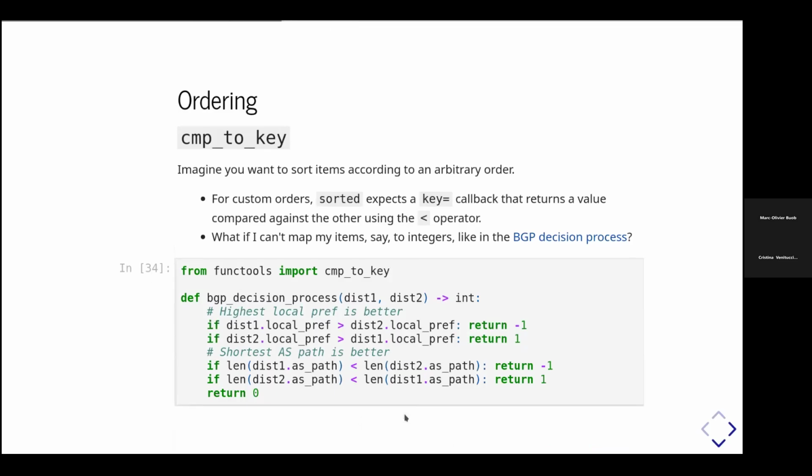So now, new folder, we close the cache, we start a new folder, the cmp_to_key. If you remember, sorted takes a callback, which is key. And key is not the order, this is rather a way to extract something that you will use to order your tuples, for example. But now assume that you are working in networking, you are implementing the BGP decision process, which is very complicated.